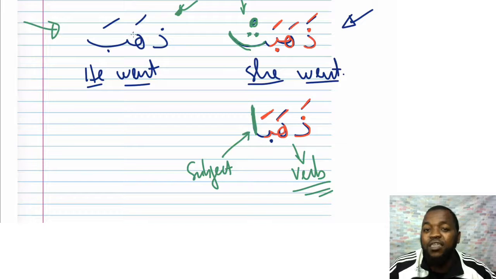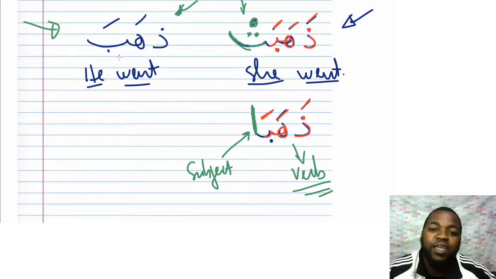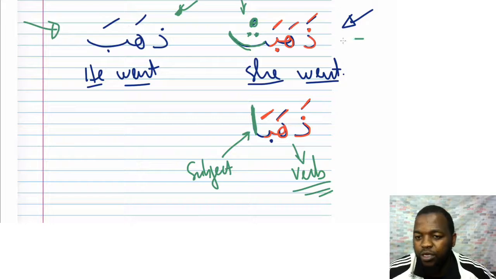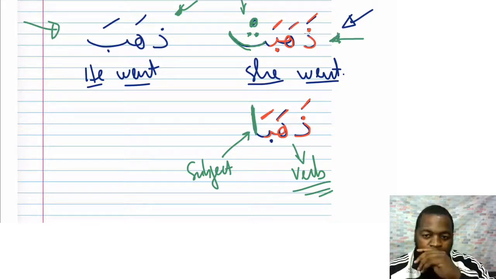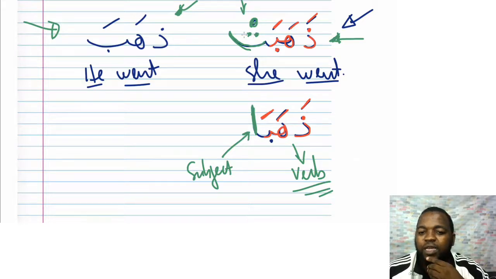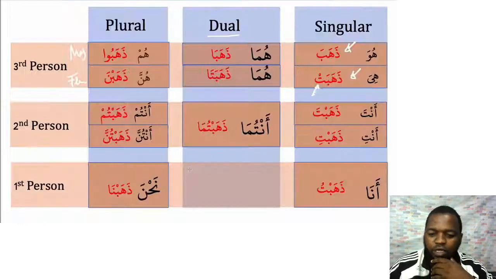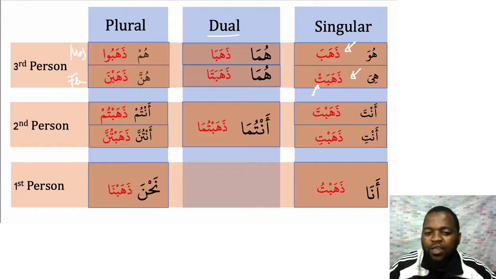Here you only see the verb. That's why you say that the subject here is hidden. Same here is hidden, but we have the sign here that tells me that this is feminine, right? So we have dhahaba. Here is the subject, this alif. Dhahabata, this ta here is the subject.